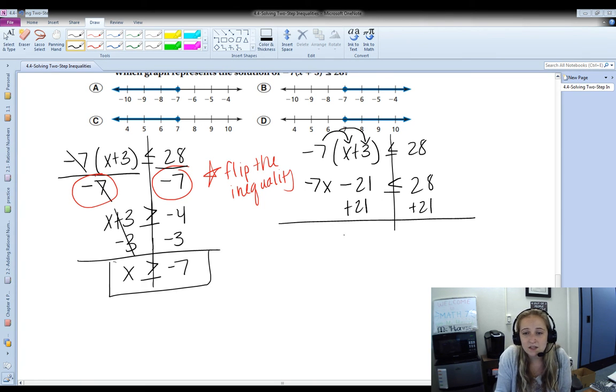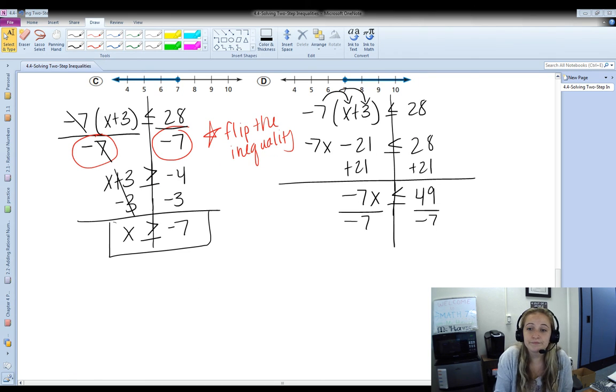All right, you'd be left with -7x is less than or equal to 49. And then you would need to divide by -7, divide by -7. Again, your sign is going to flip because you are dividing by a negative number. All right. And you would be left with x is greater than or equal to negative 7.